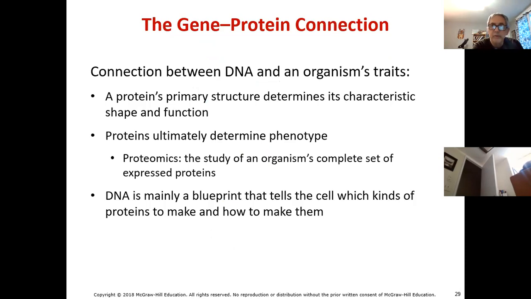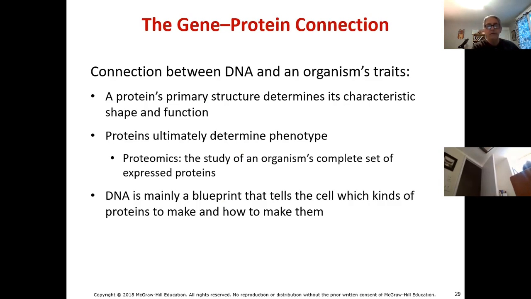So when a protein's first made, it's just a long strand that's called the primary structure, can then have a secondary, a tertiary structure, and then it can bind with other proteins to make complex quaternary structures, which could be true of enzymes and structural proteins and signaling molecules. But proteins ultimately determine an organism's phenotype. That's the genes that are actually seen or expressed.